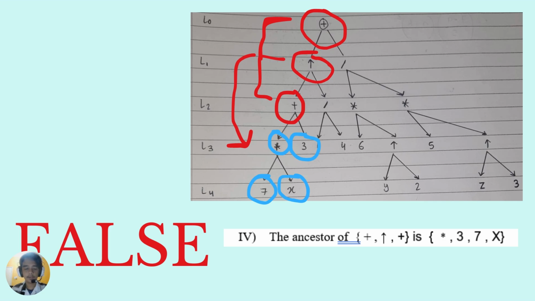If you look at the diagram here, it is quite wrong because we know that the ancestors of asterisk 3, 7, and x is plus, arrow, and plus. I actually scrambled it up. But if you get this in the exam, it is considered false, because plus, arrow, and plus is not the ancestors.